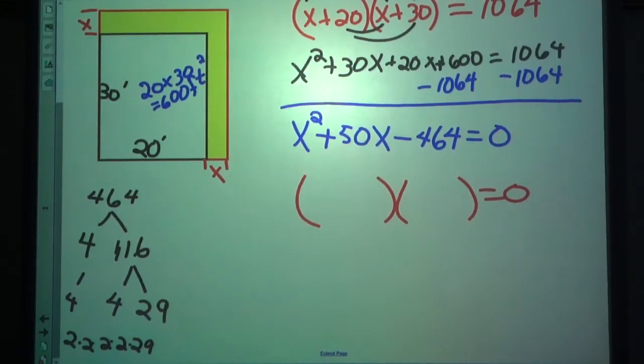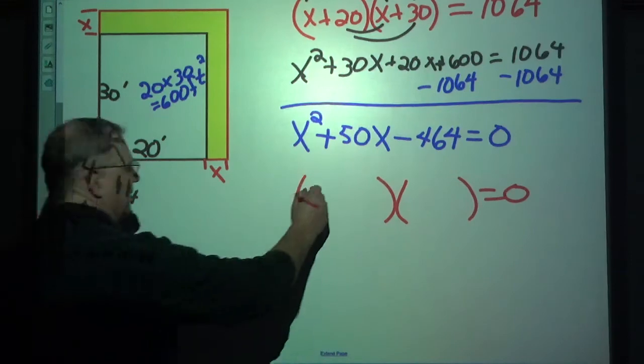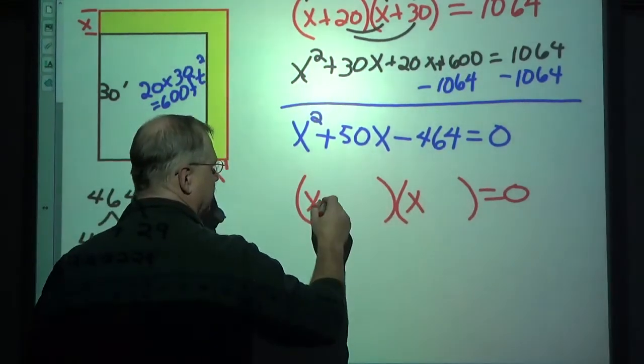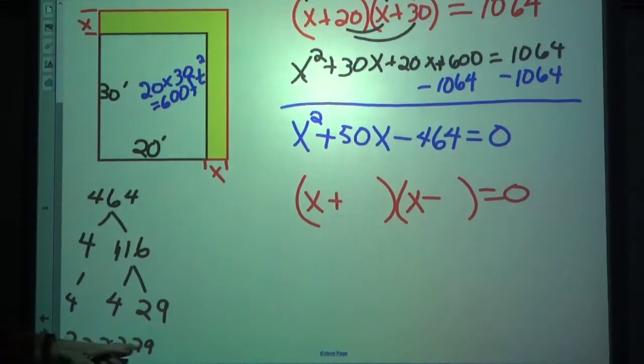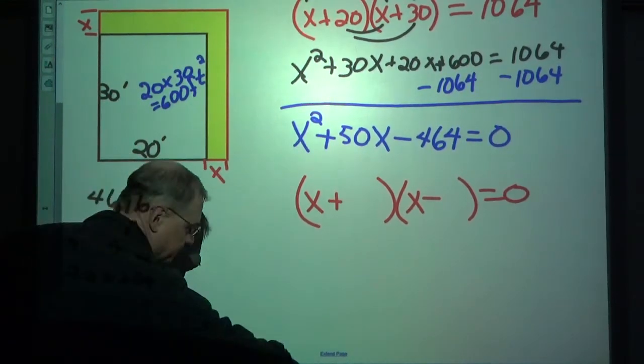I have to come up with a setup, x and x, plus and minus. I have to come up with something with these numbers so that when I find the difference of them, it would be 50. Hope I didn't make any mistakes. Here we go.